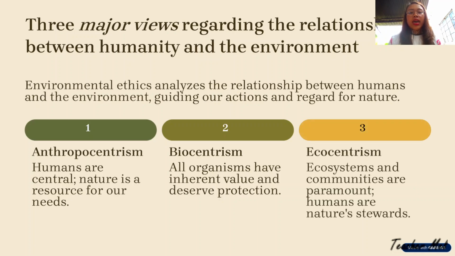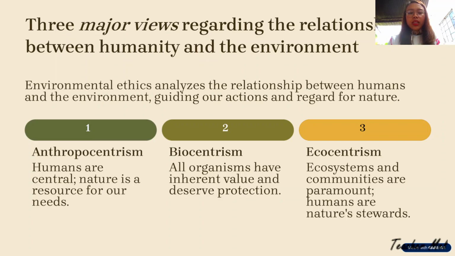And lastly, ecocentrism. In ecocentrism, ecosystems and communities are paramount. Humans are nature's stewards. So ecocentrism is an earth-centered view. The ecosystem or our earth is at the center. This is the belief that the ecosystem as a whole, including non-living things like rivers, mountains, and air, have value.